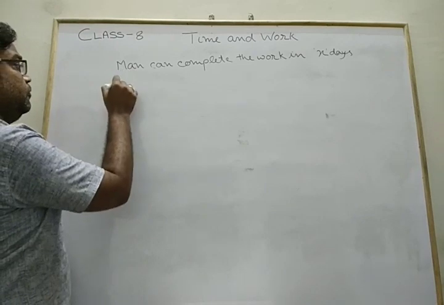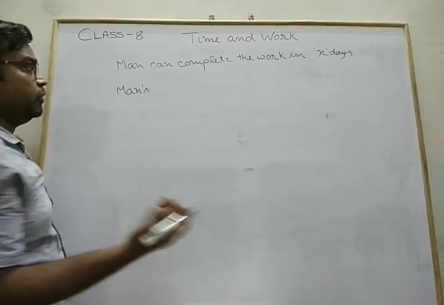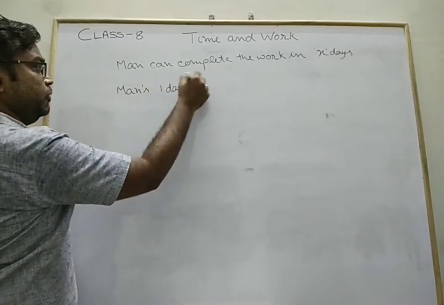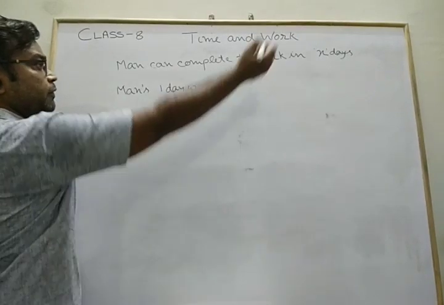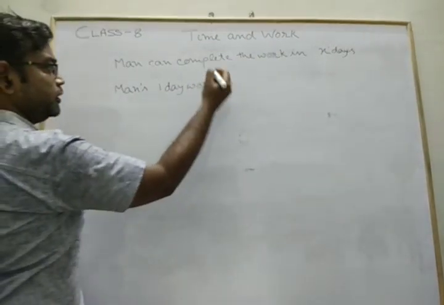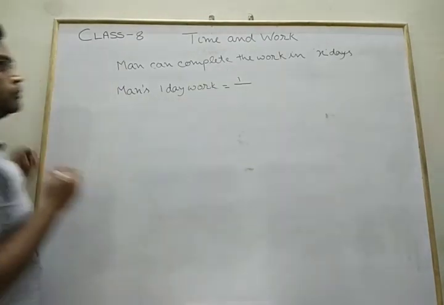So this man's one day work, or that equipment's one day work, or unit time work, if the work is given in minutes or hours, equals 1 upon x, where the complete work is 1.